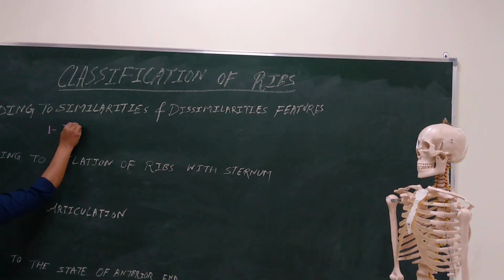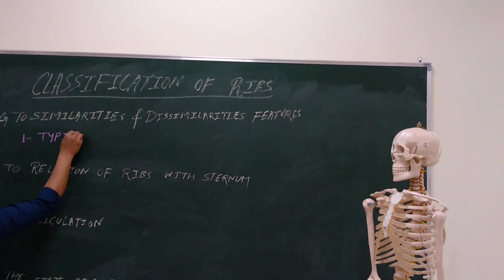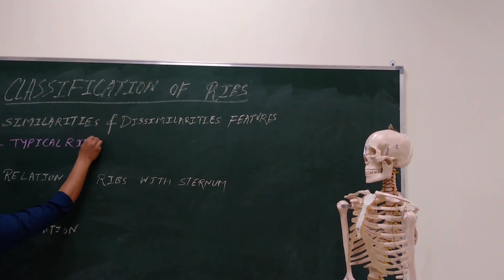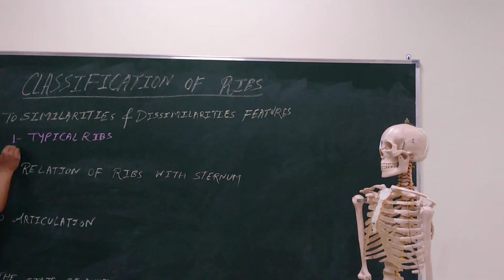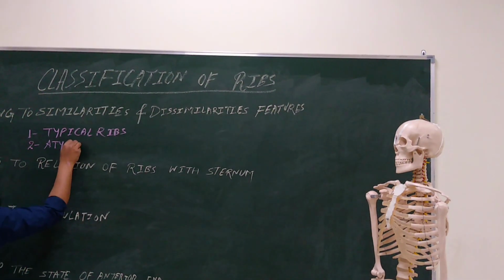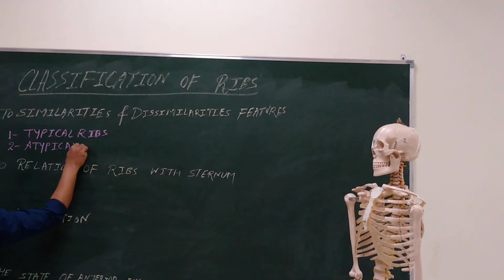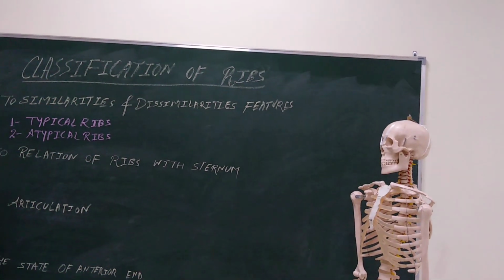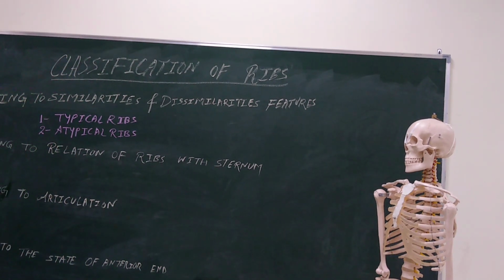First one is the typical ribs, those ribs which have the same features. And second one is the atypical ribs. These have some features which differentiate them from the typical ribs.